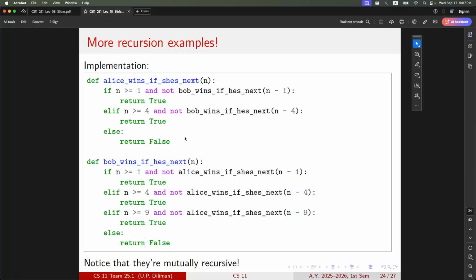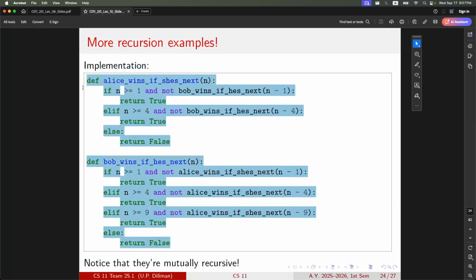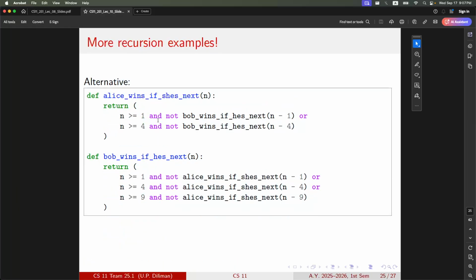Notice that the two functions call each other, and you can simulate the game using these. Alternatively, you can formulate it like this with the chain of conditionals. Where's the base case here? Well, if all these conditions are ORed together and all of them are false, then the answer is false. The base case is implicit.